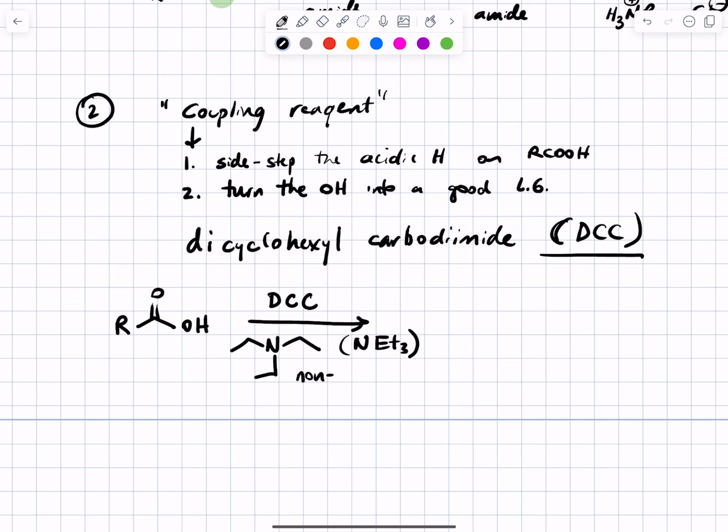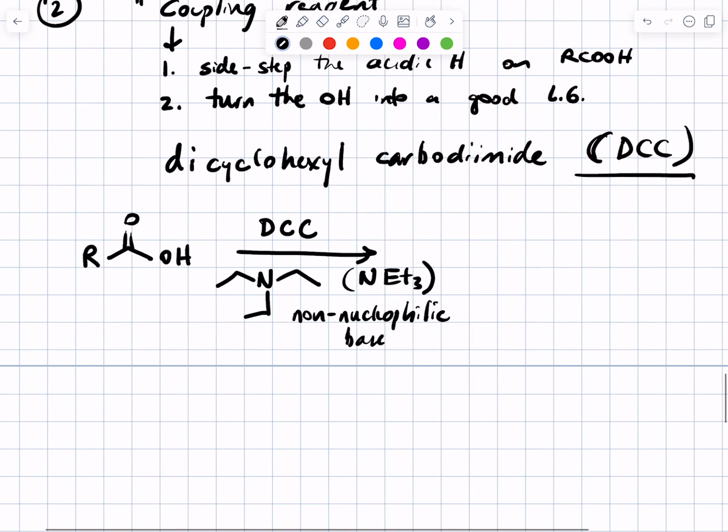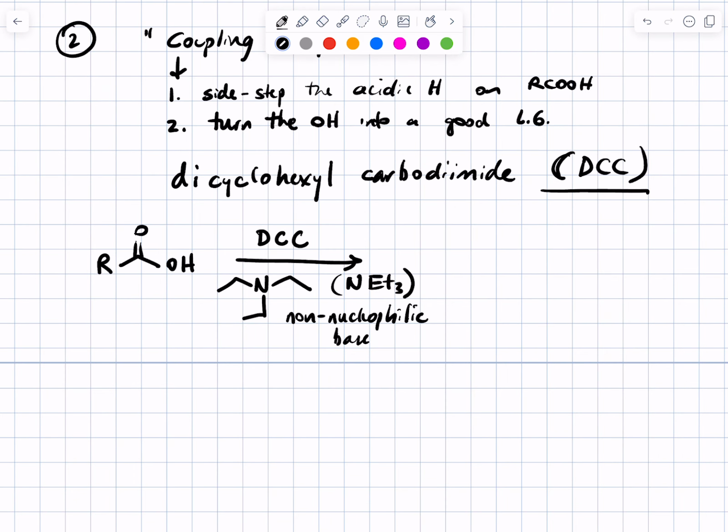It's not a good nucleophile because if it attacks anything, the nitrogen becomes positively charged. So this is a good example of a non-nucleophilic base. You basically need it to remove the acidic proton, and you use DCC, and then you also use some primary amine, and that will generate the amide.